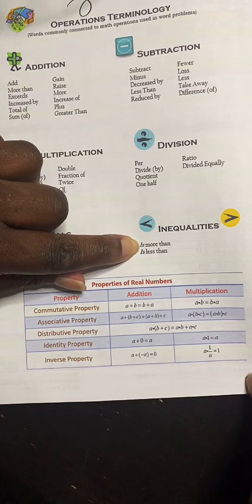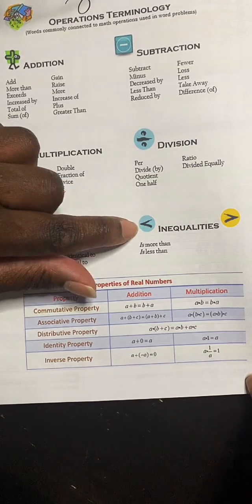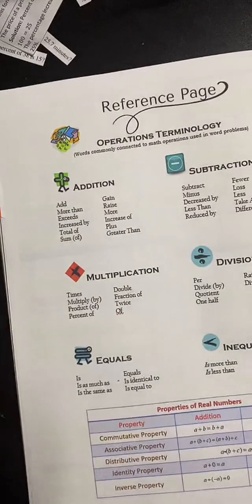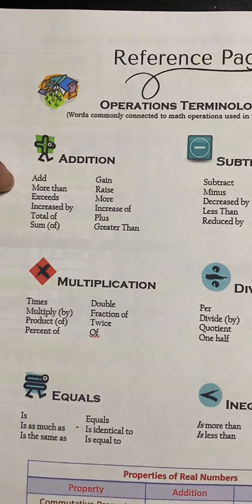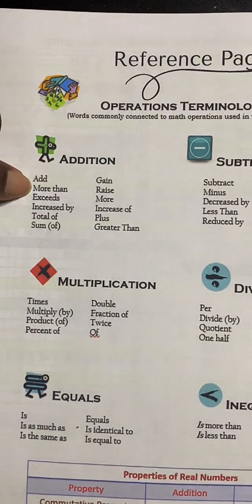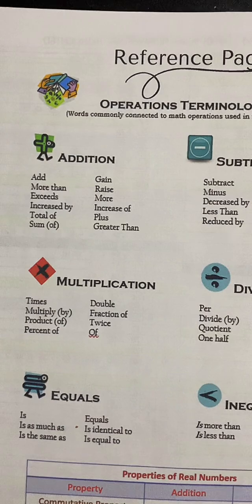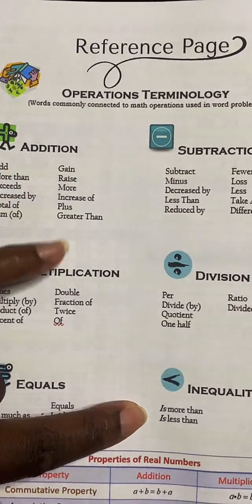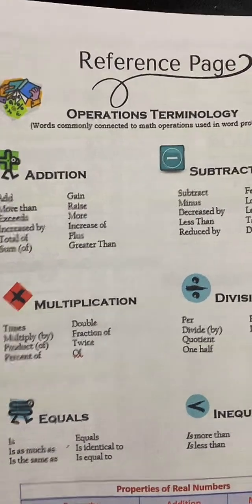If the word is is in front of more than, or in front of less than, we're talking about inequalities. If they just say 5 more than 7, they're talking about 7 plus 5. As long as we know the difference between those two, the word is means equals. So going back to our percentages.